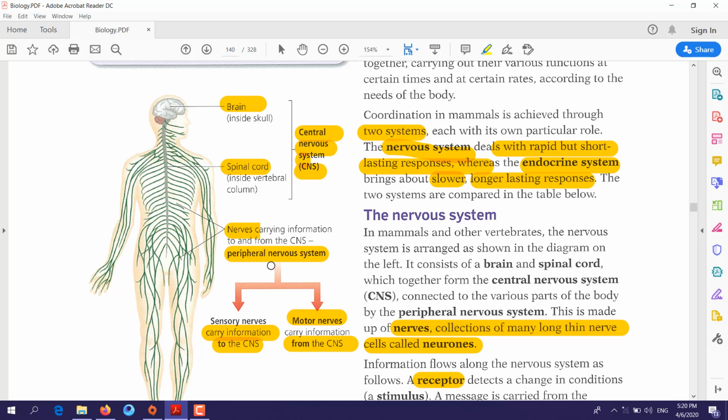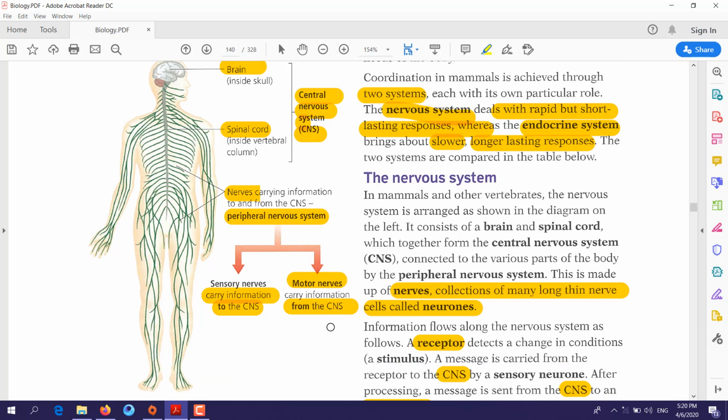These nerves, we have 2 types of them: the sensory nerves and motor nerves. What is the difference between them? The sensory nerves send, carrying information to the CNS. Then motor nerves carry information from the CNS.